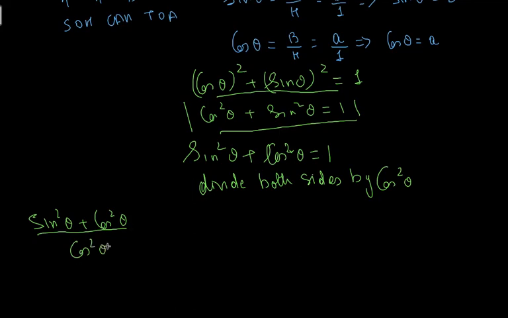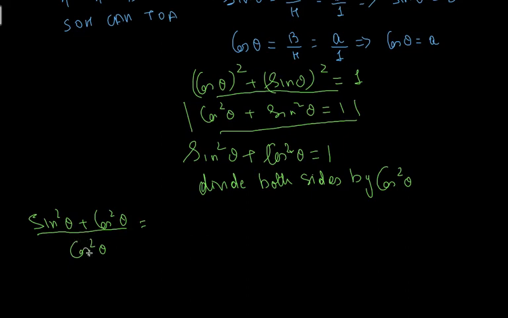Cos square theta. Now what happens in equations is that if we divide or multiply both the sides by the same number or same term, then the equation still remains unchanged, right? So on the left hand side, what we have done is that we have divided sine square theta plus cos square theta by cos square theta.